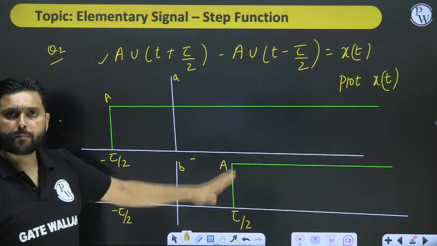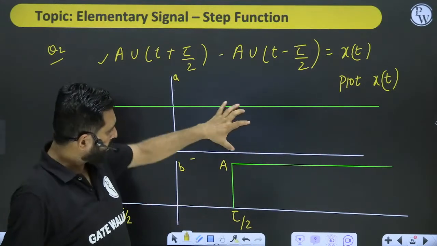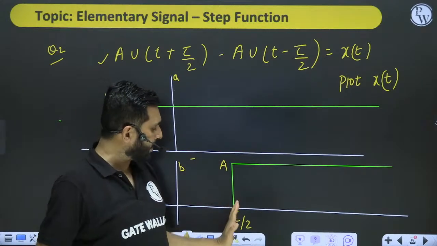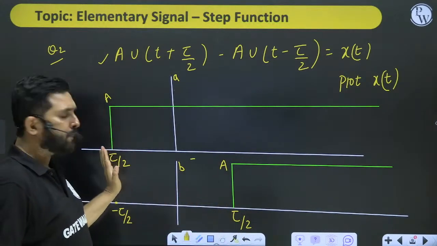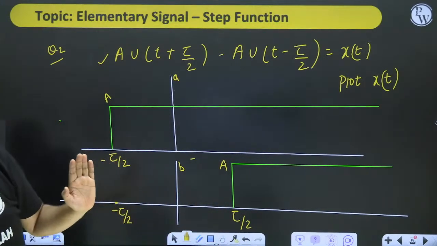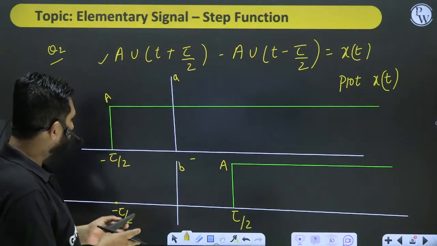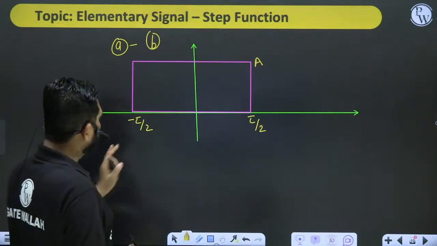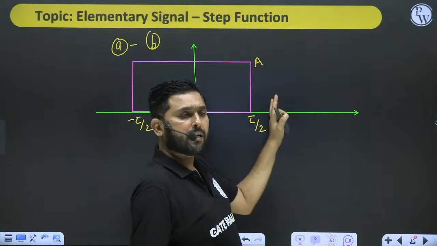If you subtract both these functions, then the step function will be cancelled after tau by 2, and it starts from minus tau by 2. So this will exist from minus tau by 2 to tau by 2, and this is a.